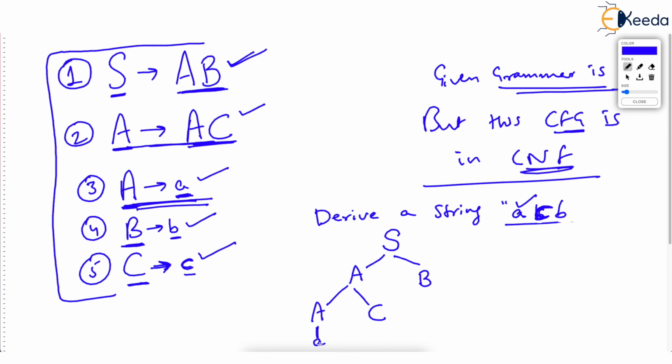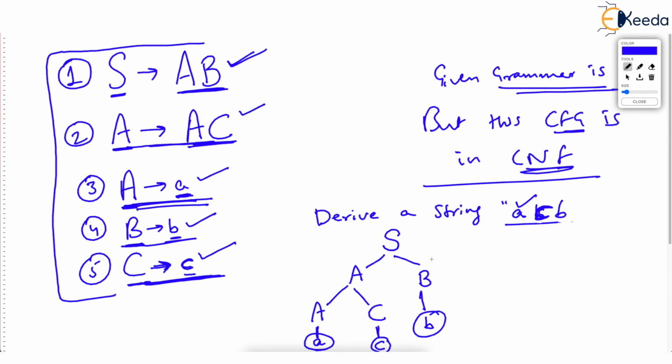So we got a. Now what can C derive? C can derive c using this rule. And what can B derive? B can derive b using this rule. Now observe that we have got a, c, b as the result of the parse tree. So what?